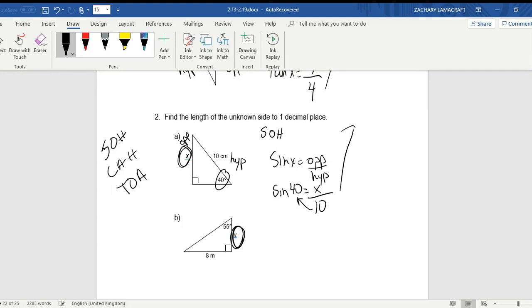And that should be 0.6428. And we're also going to multiply it by 10 because we're moving that over to equal x. And therefore, that side length, x, is going to be equal to 6.4 centimeters.